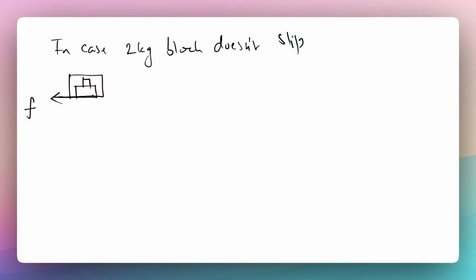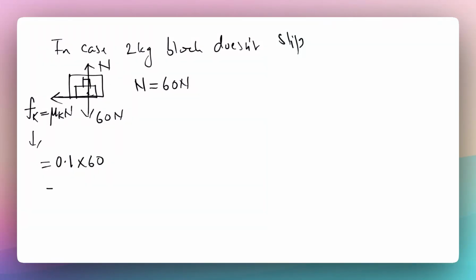So what will the friction force be now? Kinetic friction is mu kinetic multiplied by the normal reaction. The normal reaction in the vertical direction is going to be equal to 60 Newton. So the force of kinetic friction is 0.1 multiplied by 60, which is just 6 Newton.